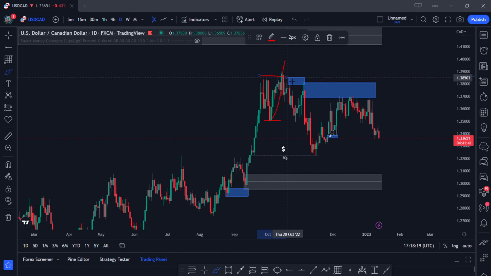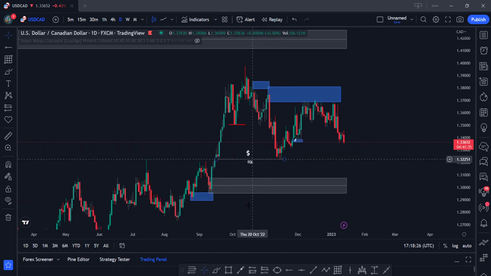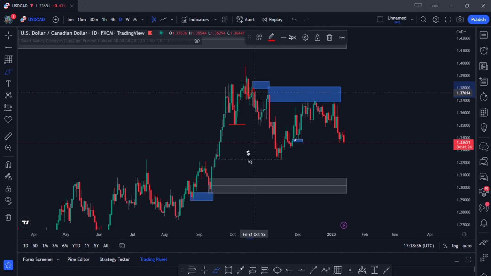However, this is where it gets interesting, because as you can see here, price breaks this high and closes above this high, but then we start to see a consolidation and price comes down to equal lows. So you're probably thinking the US dollar is quite strong, it's not going to break. And this is what happens.